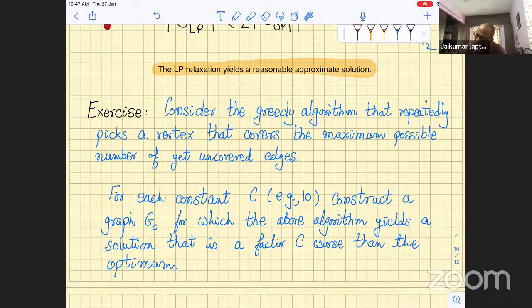That is, for each constant C, you can construct a graph so that if you run the greedy on this graph, it will be a factor at least C worse than the optimal solution. So I'll let you think about how such a graph can be constructed.